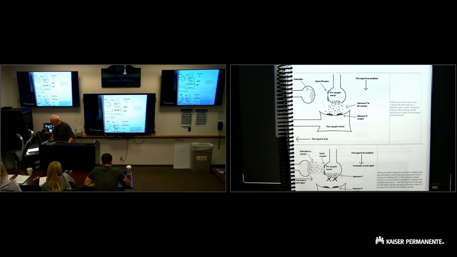So here's what happens. You have pain pathways, as I said, that run from your tissues. The tissue gets damaged, it releases prostaglandins and leukotrienes, substance P, several other chemicals. They stimulate nociceptors, and that sends a signal up your spinothalamic tract to the brain that you have pain.